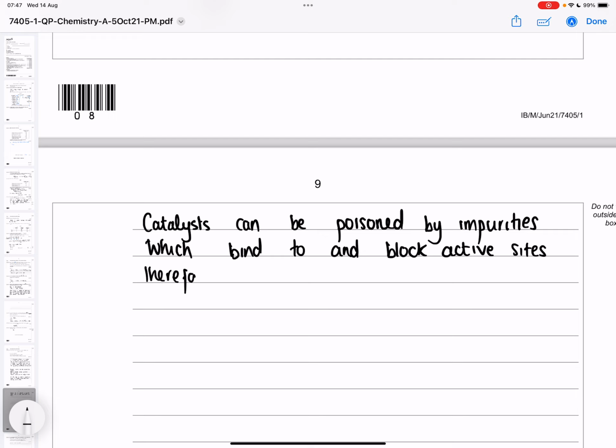Therefore, reactants should be purified before use.